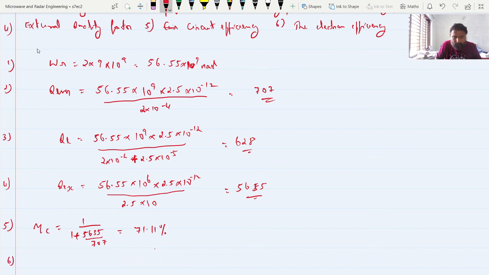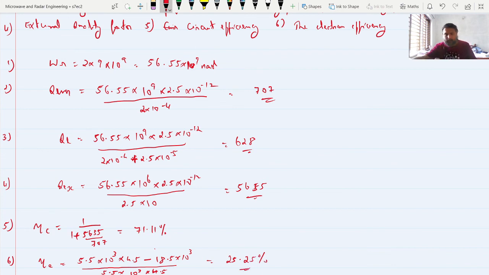And the sixth one is the electron efficiency, eta E, which is 5.5 into 10 raised to 3 into 4.5 minus 18.5 into 10 raised to 3 divided by 5.5 into 10 raised to 3 into 4.5, which is nothing but 25.25%.